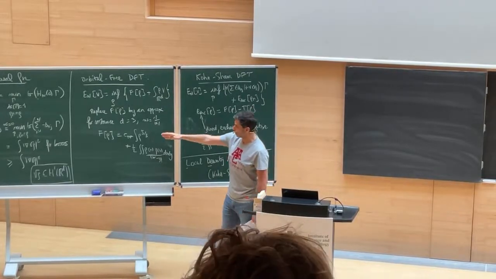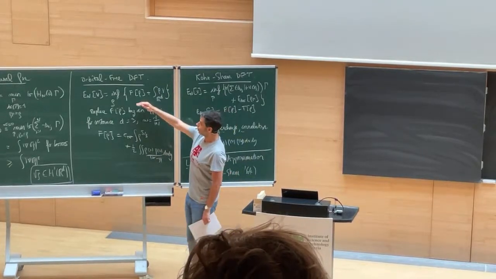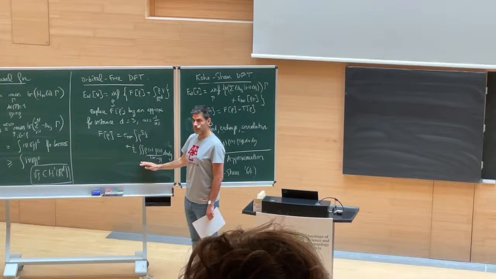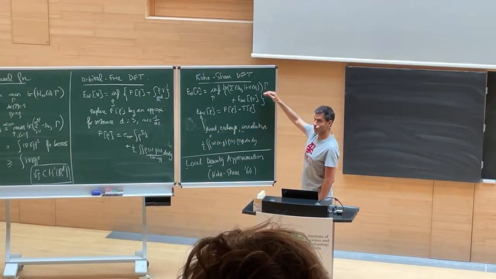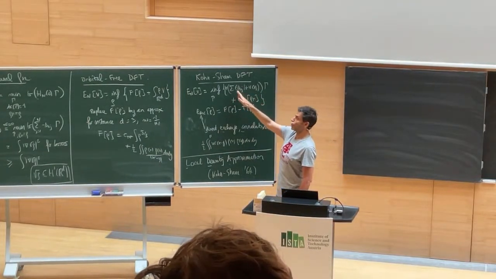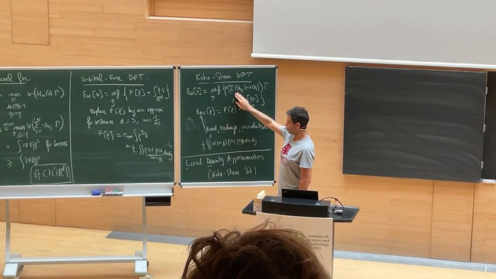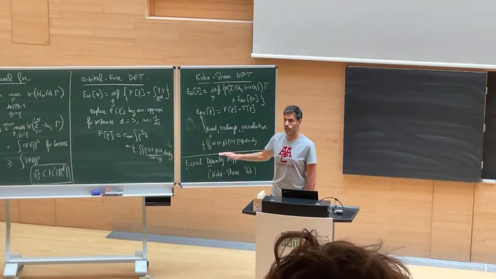If you just do this naive approximation here, if you use Thomas-Fermi here, then you replace by this. If you do the same kind of approximation here, then there's no rho to the 5/3, because you have already described the kinetic energy perfectly. So if you do this kind of approximation, you end up with a reduced Hartree-Fock.